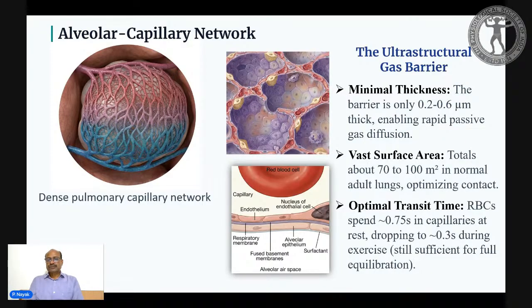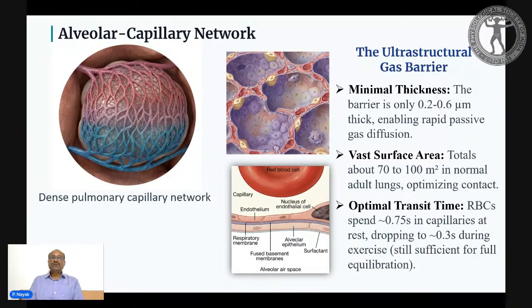The vast surface area here, as you can see, is so extensively covered. The total is about 70 to 100 square meters in a normal lung, optimizing the highest possible contact between the alveolar airspace and the plasma. Optimal transit time: RBCs can spend 0.75 second in the capillaries at rest, and during increased requirement it can be as fast as 0.3 second.